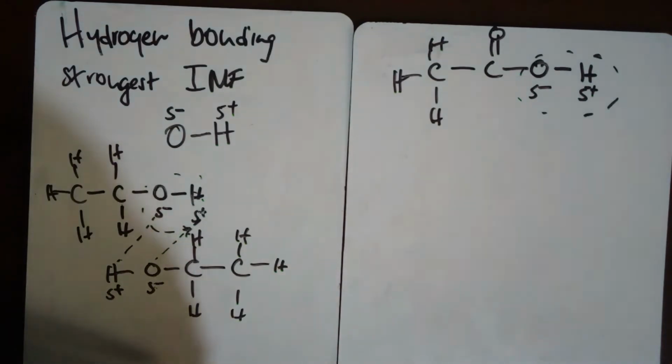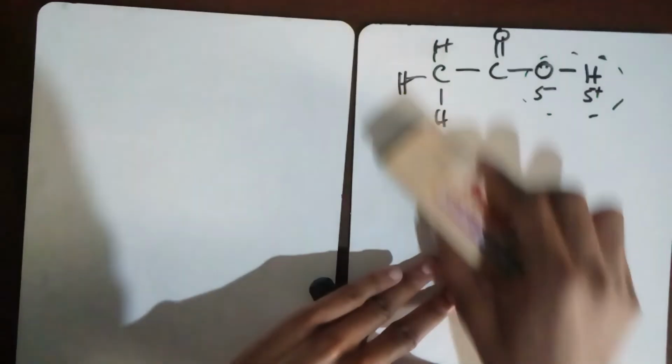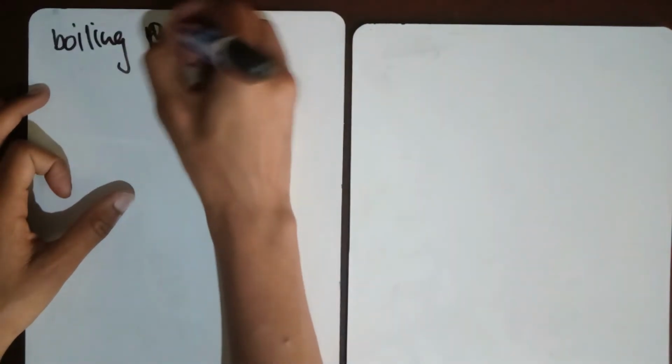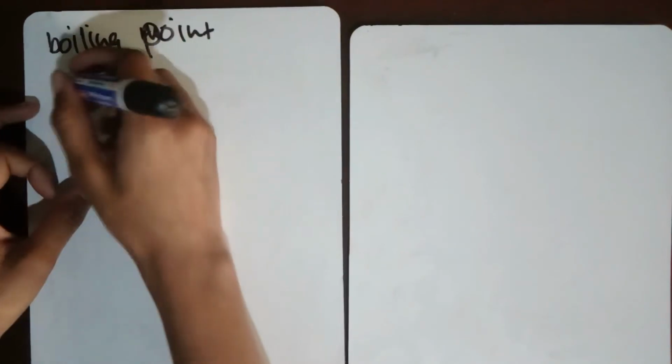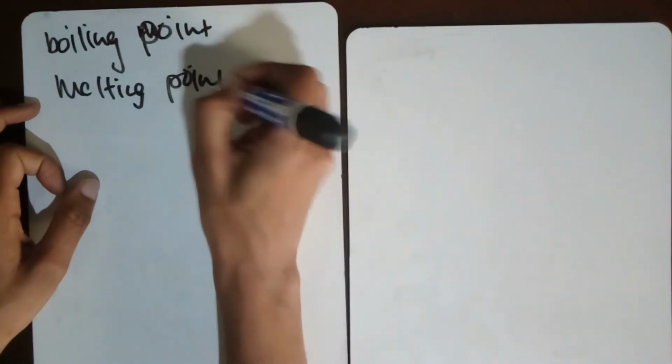So now we can try to move our discussion to how these intermolecular forces relate to boiling point, melting point, as well as all of this you need to know. The definitions of these things you need to know: boiling point, melting point, and vapor pressure.